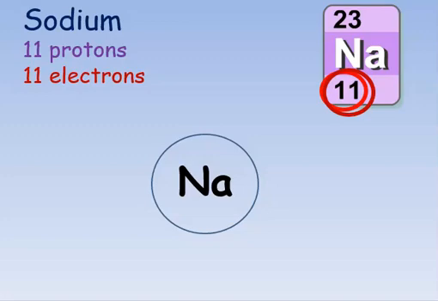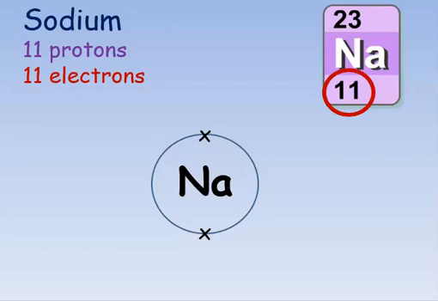How many electrons did we have in the first shell? 2 electrons. So again, we're going to put those electrons as far away from each other as possible. And now, how many electrons do we have left? It's 9.